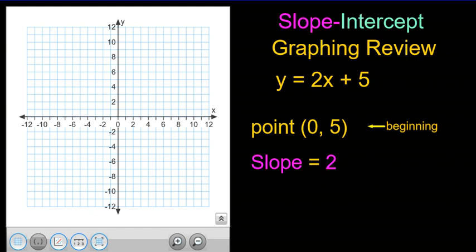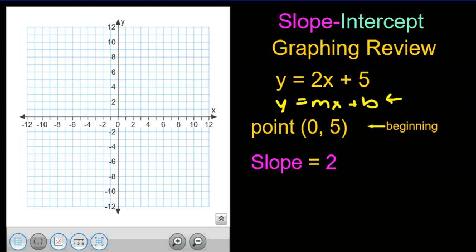Okay, so we made a couple changes here. Now notice it says y equals 2x plus 5. So again, think of that slope-intercept form of y equals mx plus b. Again, your b value is your y-intercept.